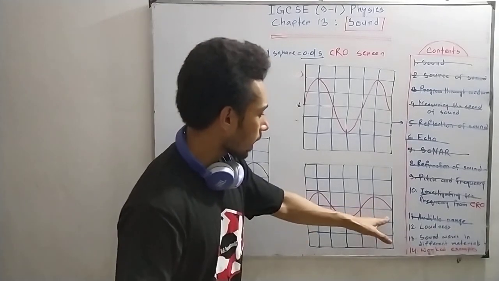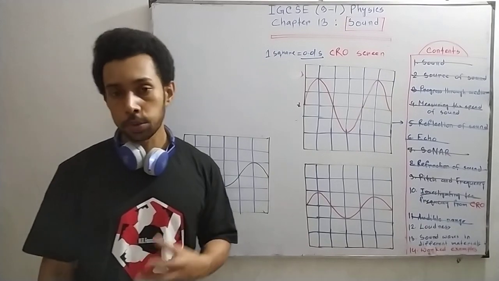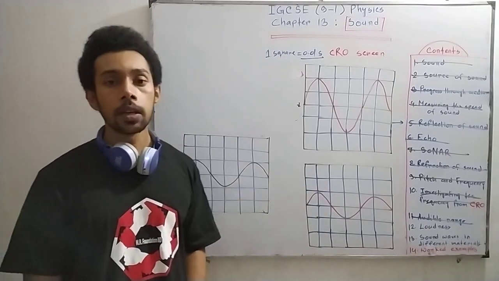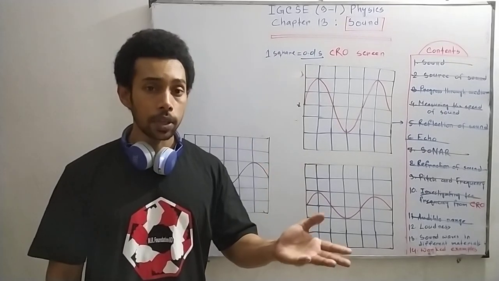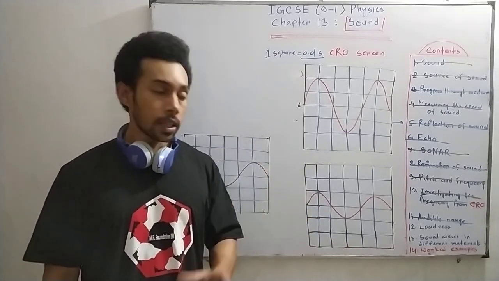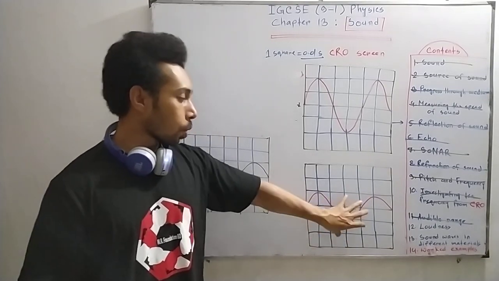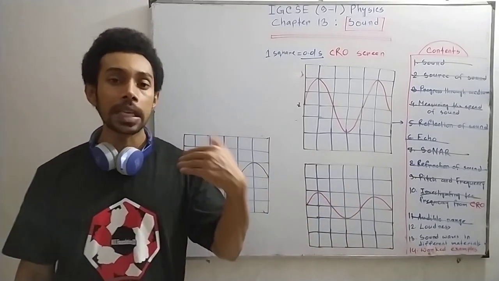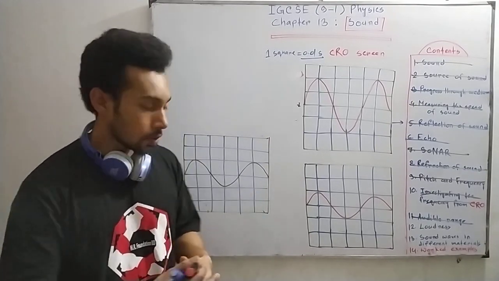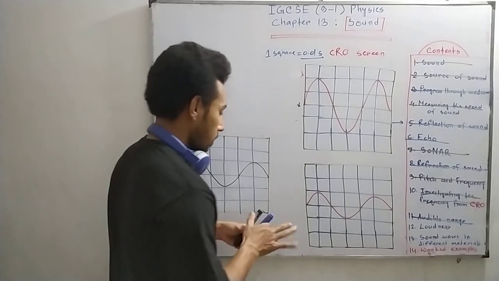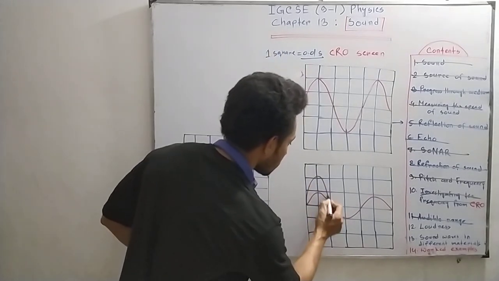Okay, and if you are asked to draw on the same grid a sound with higher amplitude or a sound that is louder. Suppose this is a trace of a sound wave shown on the CRO screen, and you have been asked to draw a trace of a louder sound, just louder sound. Then increase the amplitude.